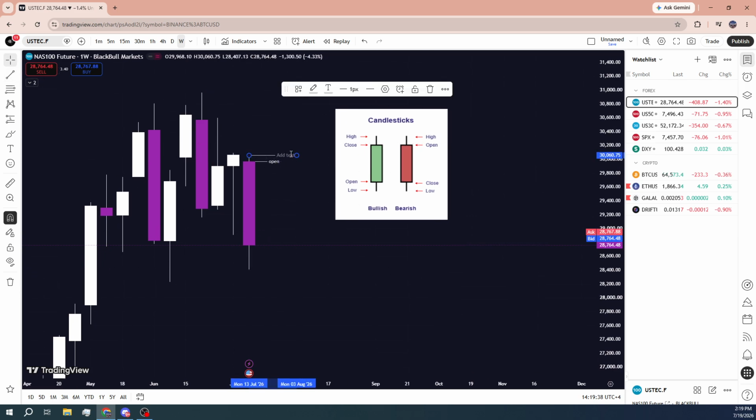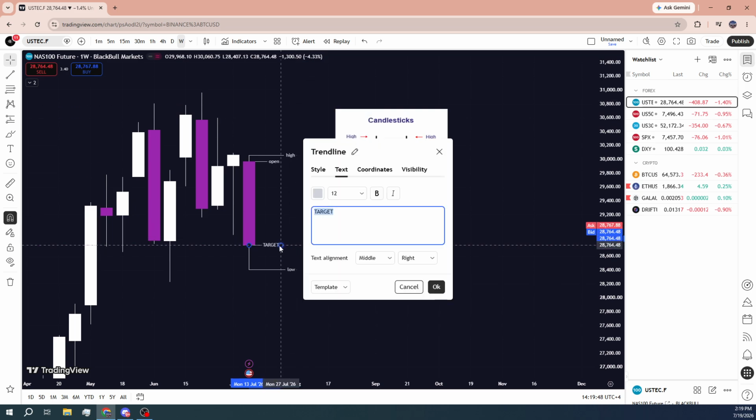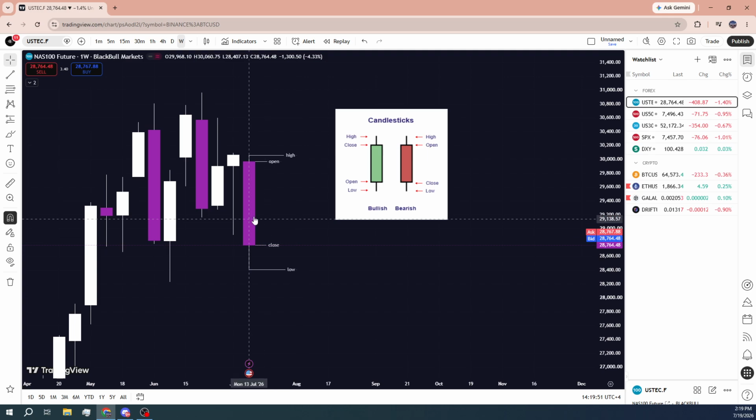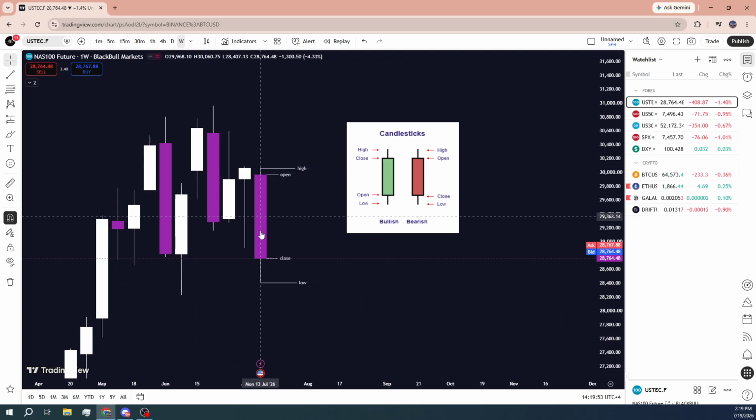This is the high. Price went all the way downside here. This is the low. But where did market close? Market closed here. This is the close. So what does this mean? Why is this candle red? Because it opened here and it closed downside, which means that price literally decreased and went downside. So that's why the candle is bearish.